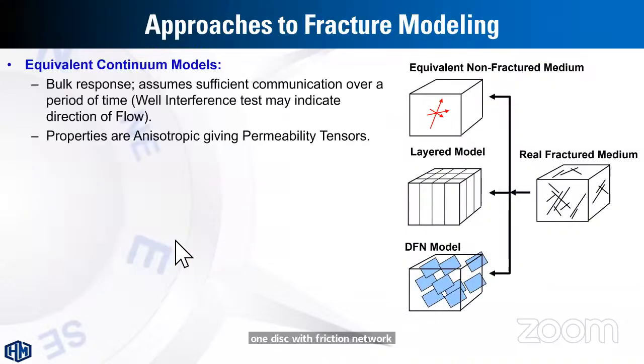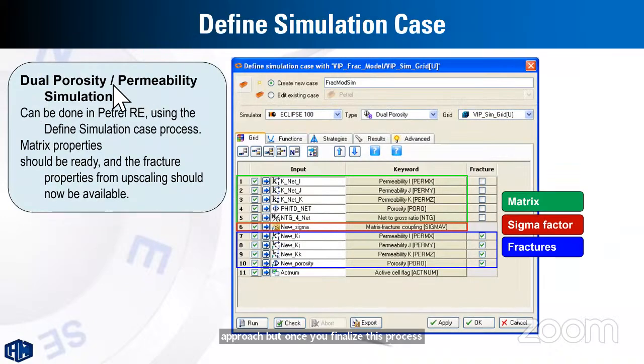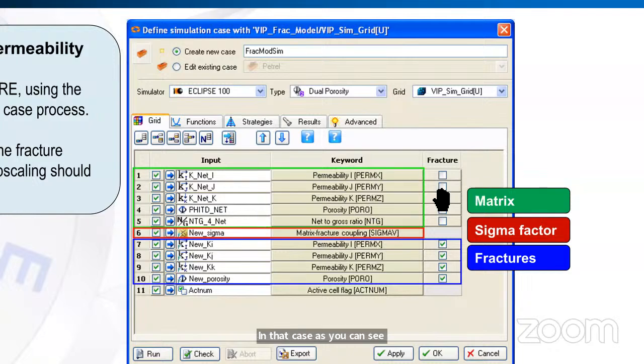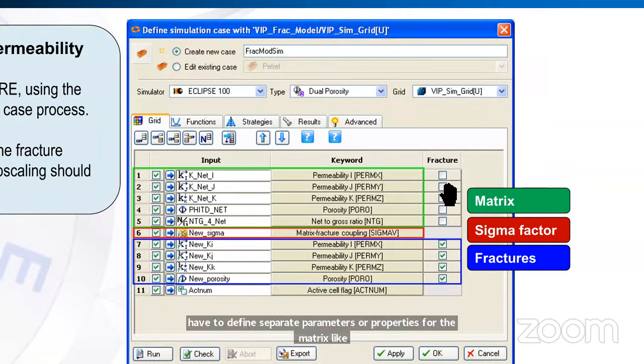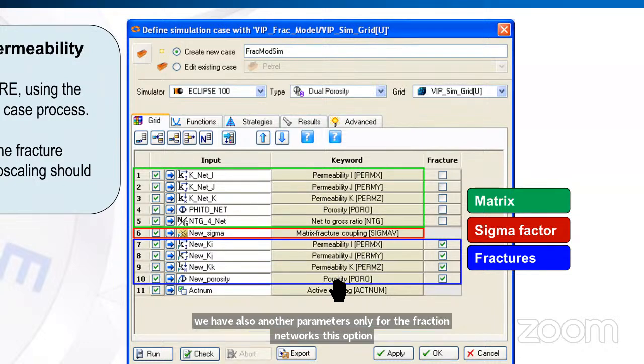Once you finalize this process to define a simulation case for a dual porosity, dual permeability system, you have to define separate properties for the matrix, like porosity, permeability, net to gross. For the matrix we have these options, and we also have other parameters only for the fracture network: the fracture properties in X, I, J, K directions, and also porosity.